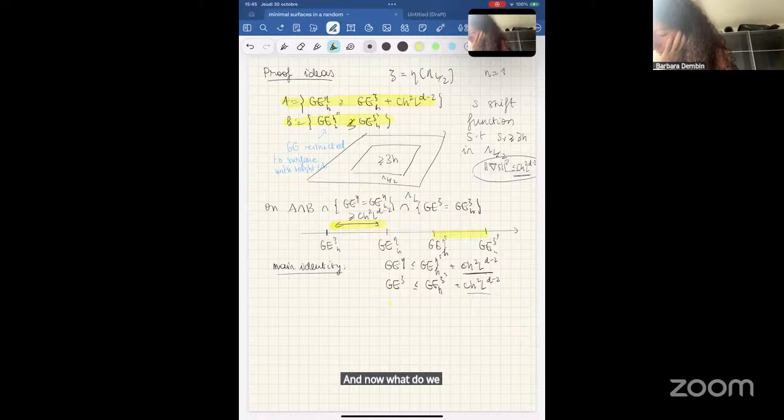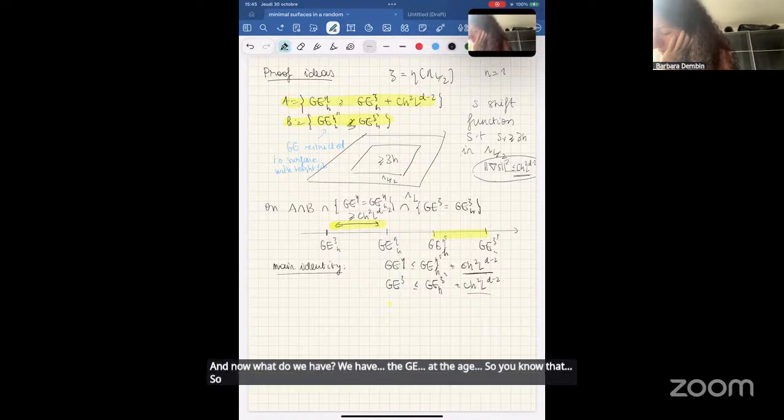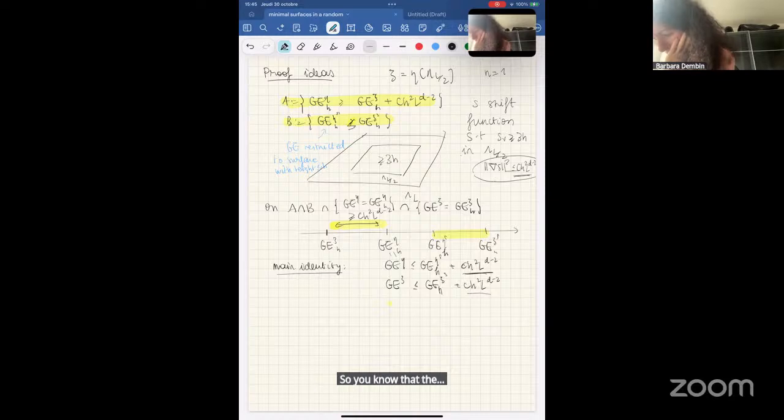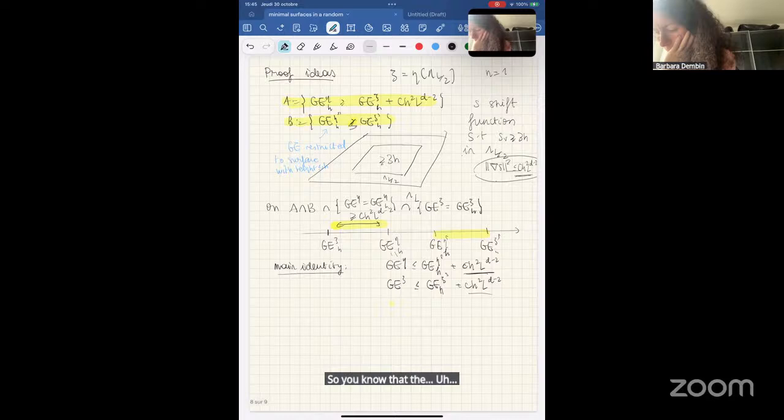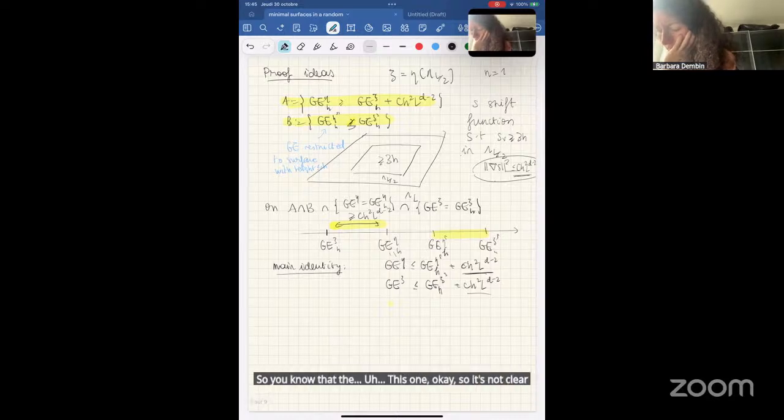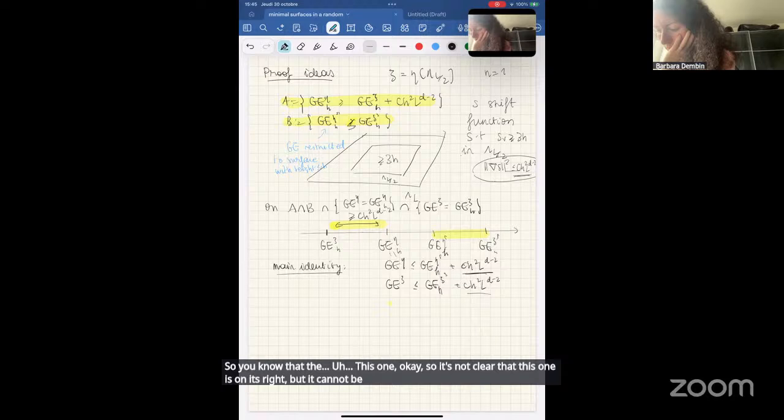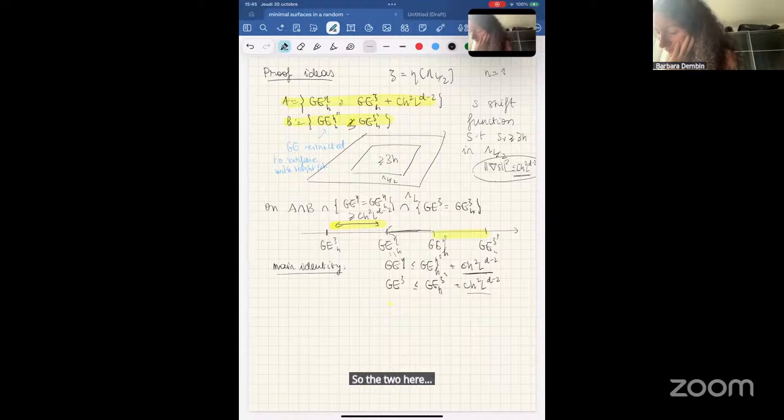We have that GE eta H, so the two here are equal. It's not clear that this one is on its right. So the two here should not be too far from each other.